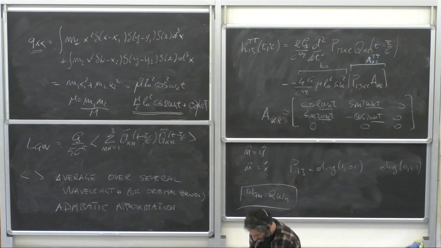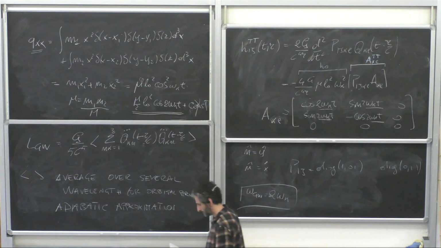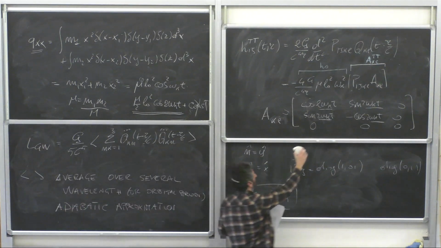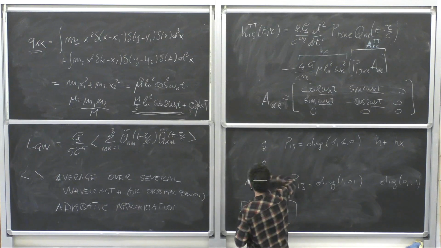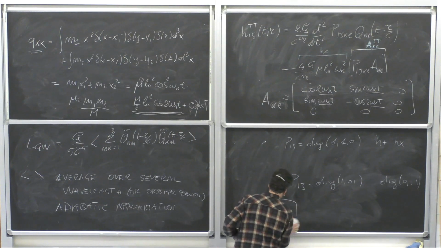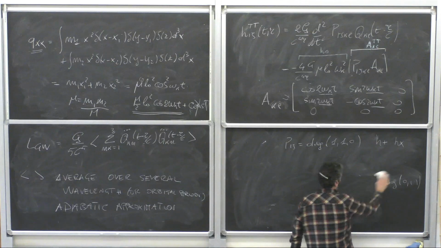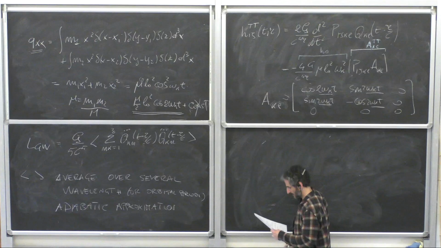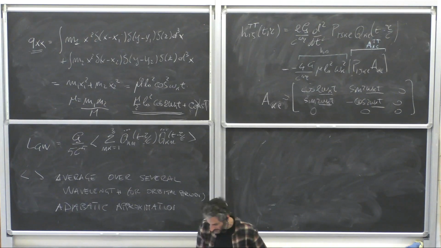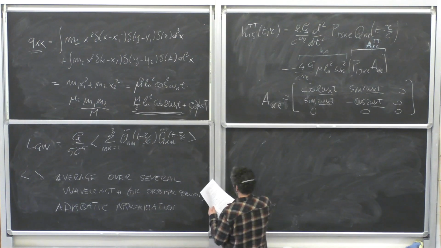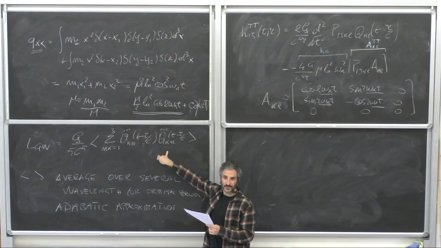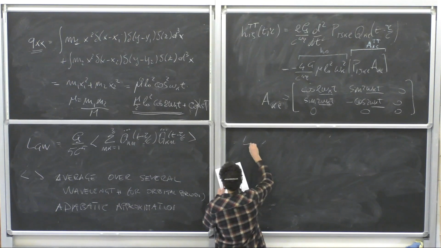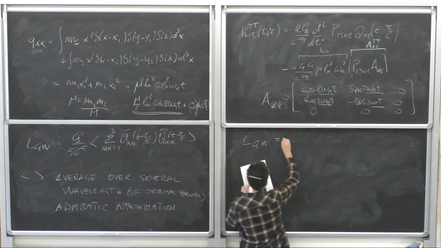Now, in this regime, for our particular case of interest, the binary, if you plug in the values of the quadrupole moments that we found before and take the third derivative, you will find that L_GW is this.